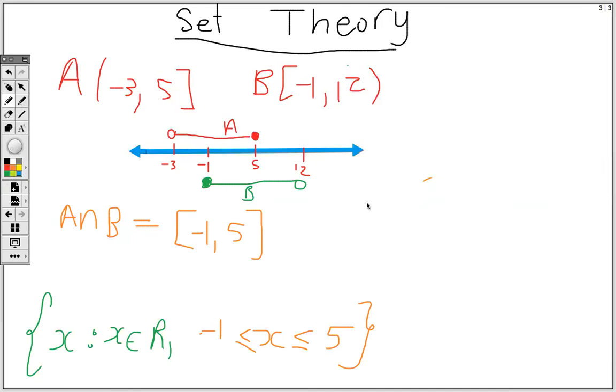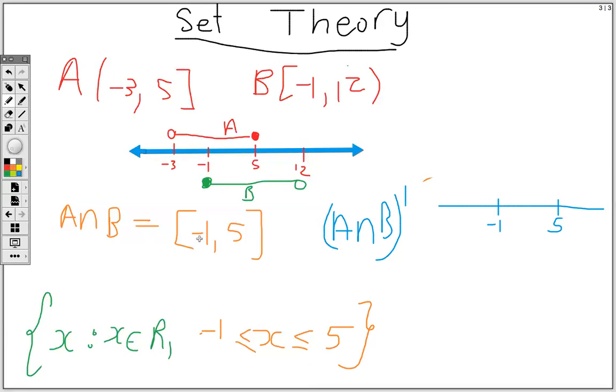We can also have A intersect B complement, and A intersect B complement is we are talking about outside of A intersect B. So again, I have my number line, and I'm going to have -1 and 5.